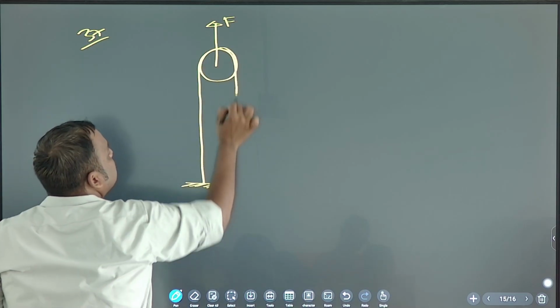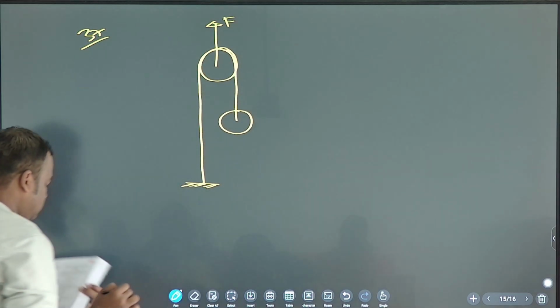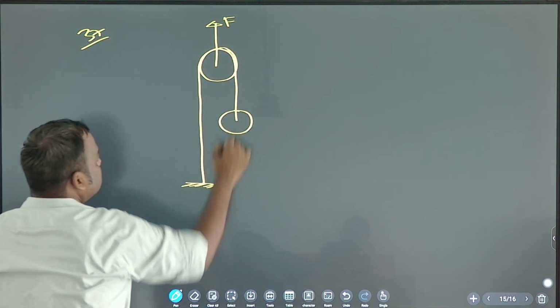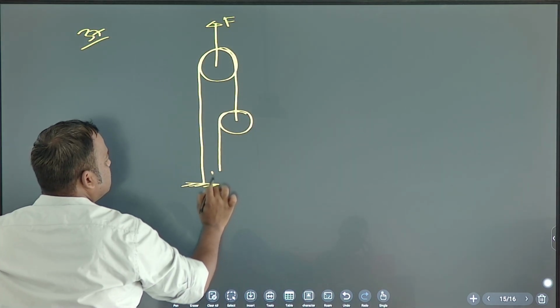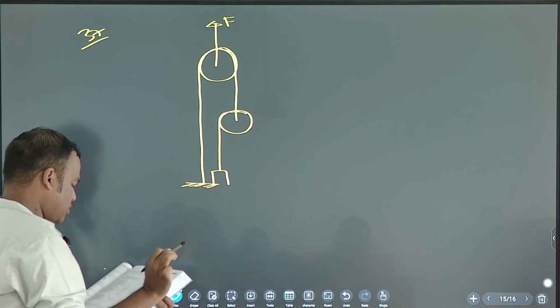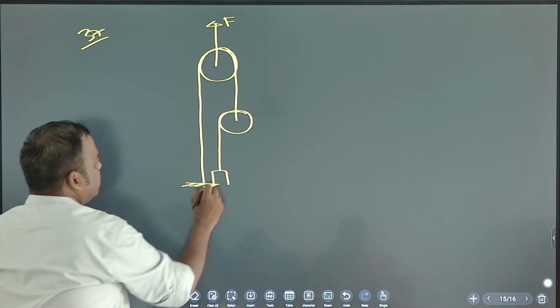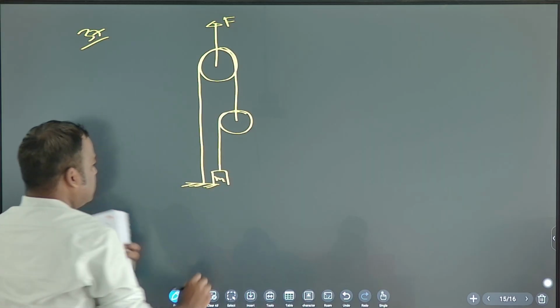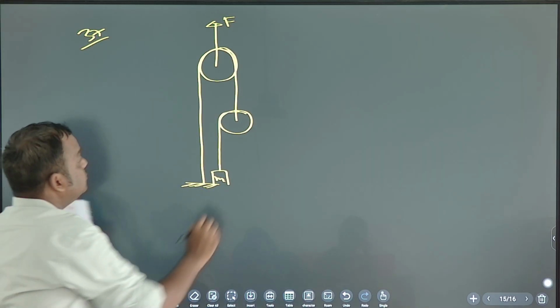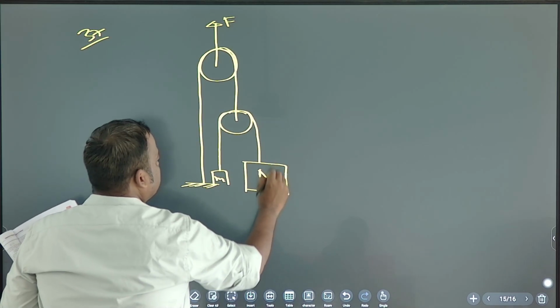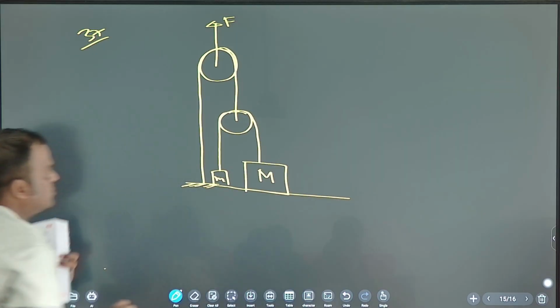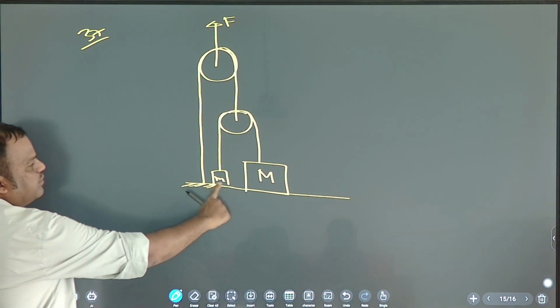The other end of the string is connected to this pulley, and one string is here. A block of small m is there, and the other end of the string has capital M.